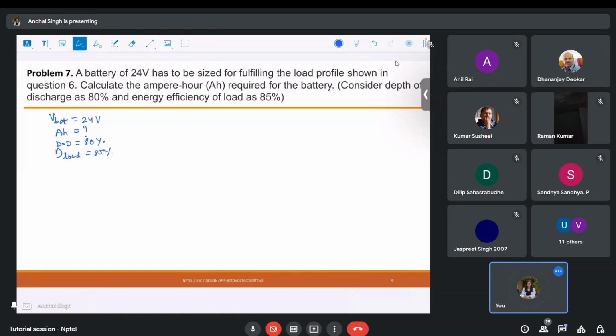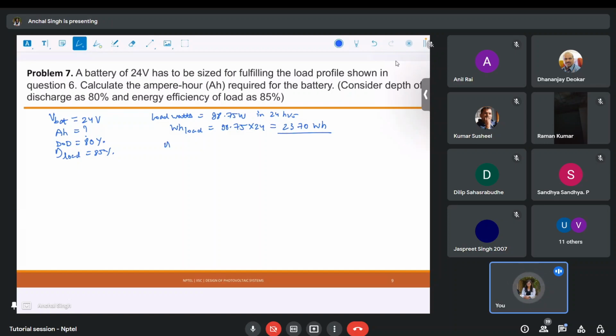Now, we know that load is 98.75 watts in 24 hours. So the watt hour of load will be equal to, we just multiply this watts with the 24, 98.75 into 24. This will give you the watt hours, that is 2370 watt hours.